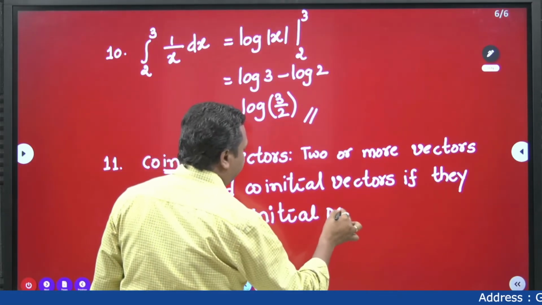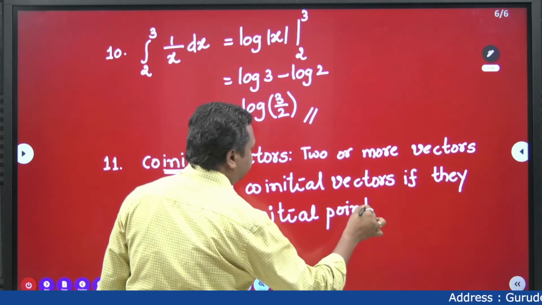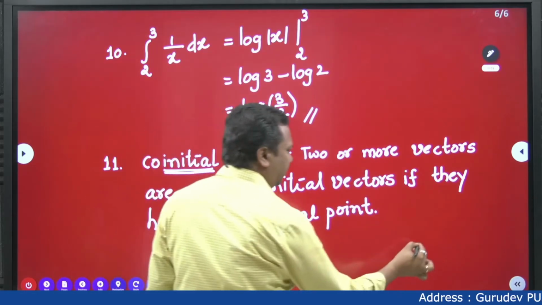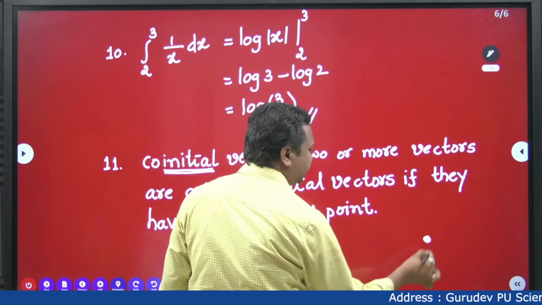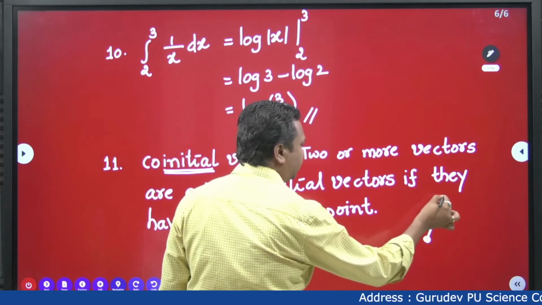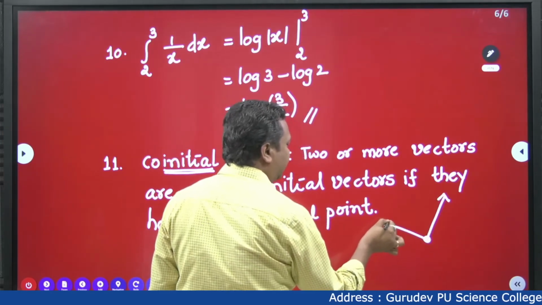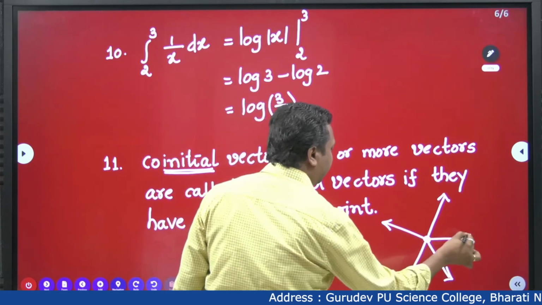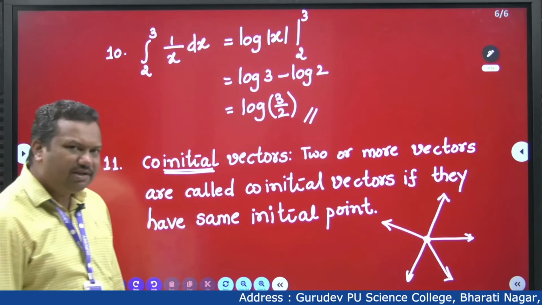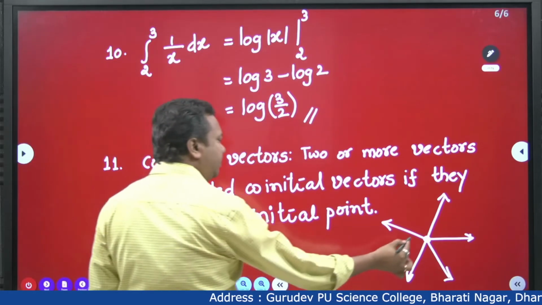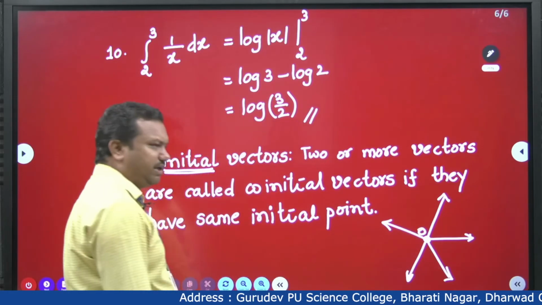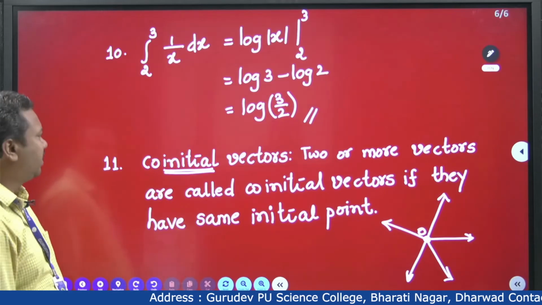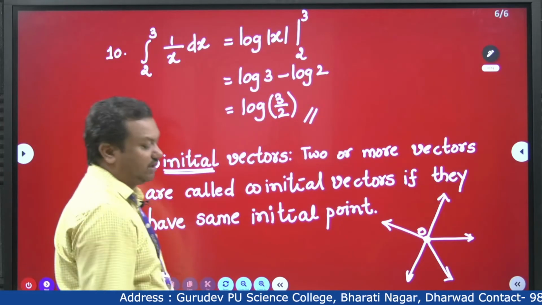Let us consider this an initial point. You can observe we have vector A, vector B, vector C, vector D and vector E. For all these vectors, the initial point is the same, isn't it? So such vectors are called co-initial vectors.